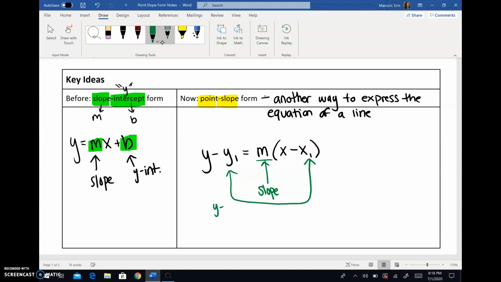So this is the y coordinate of a point on the line you're writing the equation for. And this would be your x coordinate of a point on the same line.